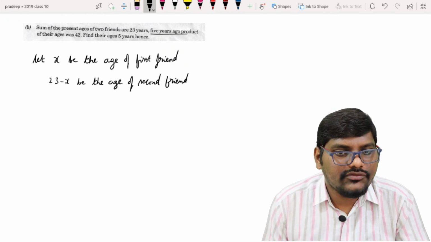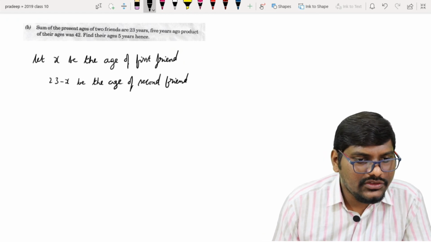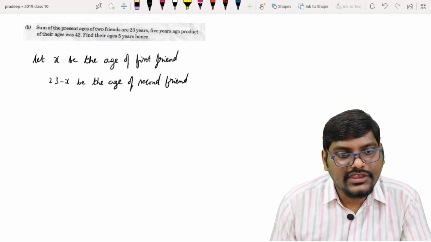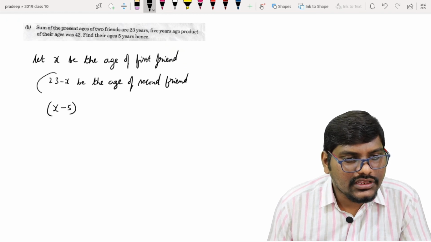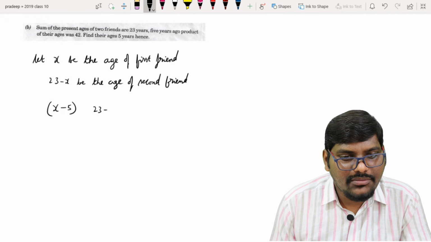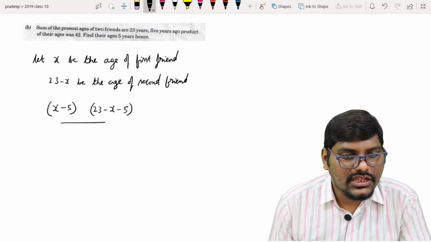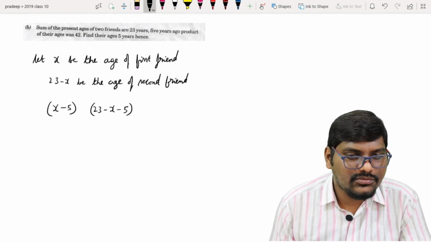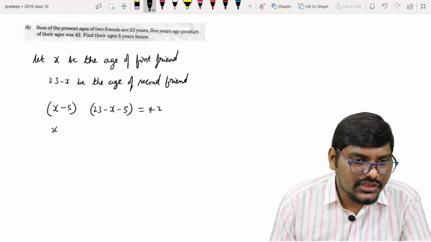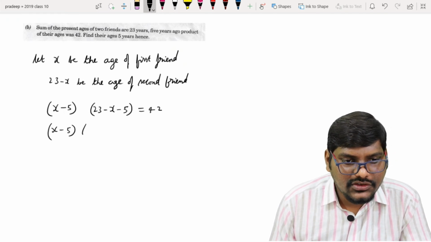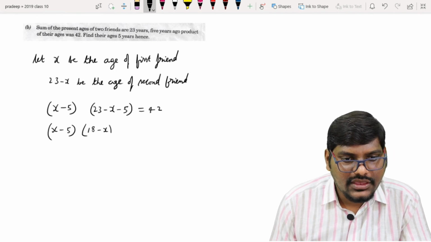They said the product of their ages 5 years ago, so x is the present age, 5 years before is x minus 5. The second thing is 23 minus x is the present age, 5 years ago is minus 5. So multiplying both of the friends' ages, we'll be getting 42. So this is x minus 5, and 23 minus 5 is how much? That will be 18 minus x.